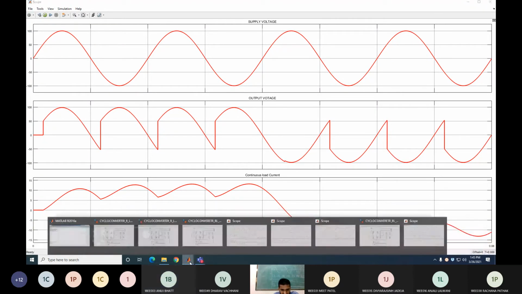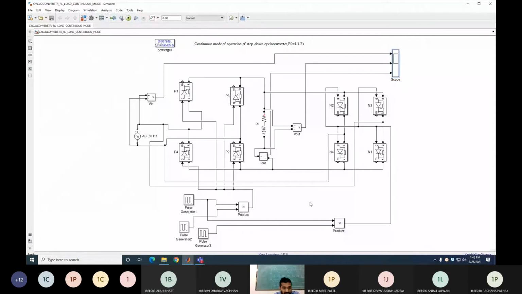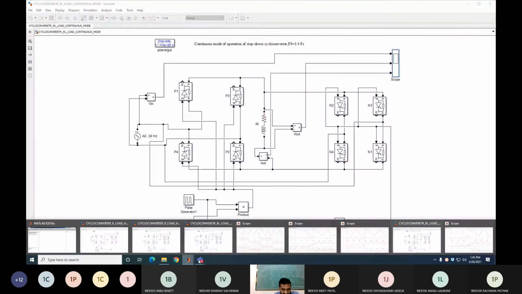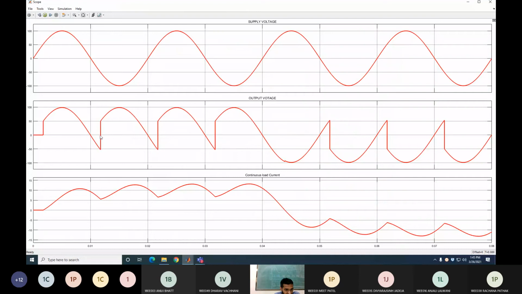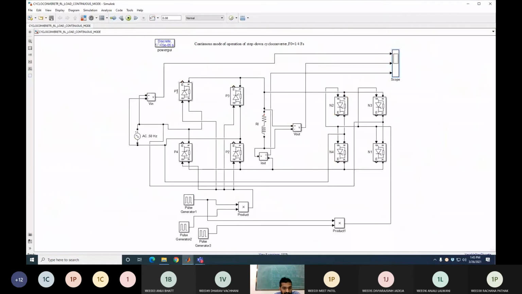Yes. Very good question. Let's understand here clearly. See this here. What happened at pi plus alpha here? Let's see the waveform here. At this pi plus alpha, when P3 P4 start conducting, now what has happened to P1 P2? P1 P2 is already in conduction mode, just before the conduction of P3 P4.